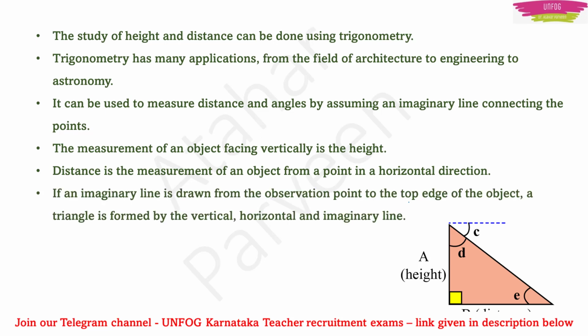If you have an imaginary line drawn from the observation point to the top edge of the object, then a triangle is formed, right? This triangle is formed by a vertical line, a horizontal line and one imaginary line.